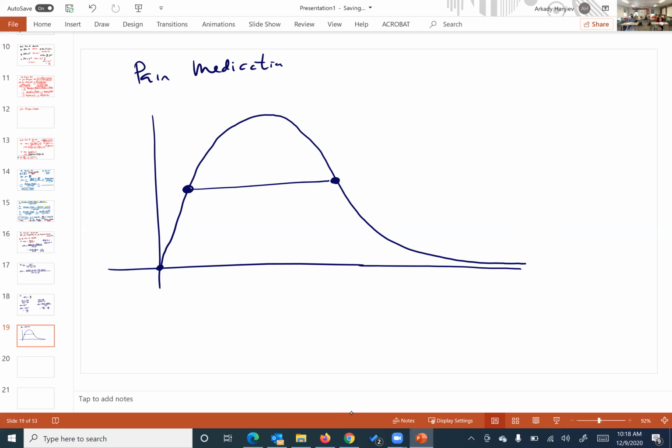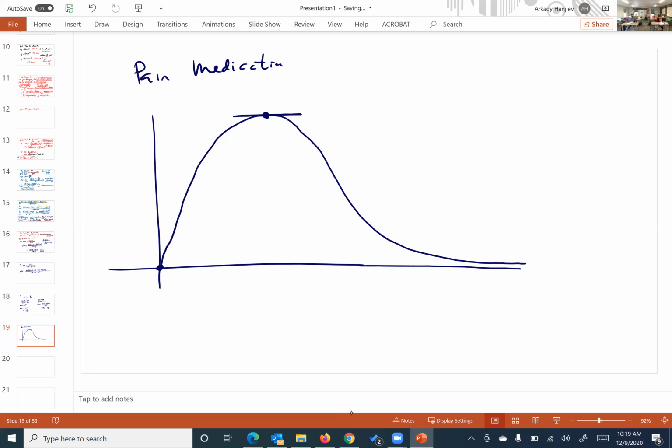If we think about a few points here, what do you think is the most important slope to see? I'm thinking this one right here is an important slope to see. As far as pain medication is concerned, what does this point mean? The amount of pain it's alleviating at the height of where it's working.